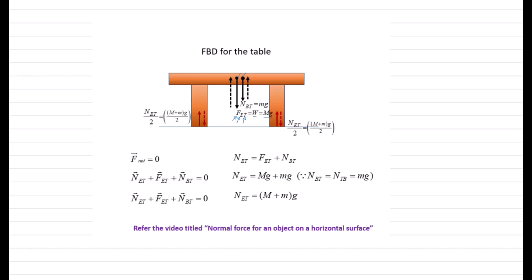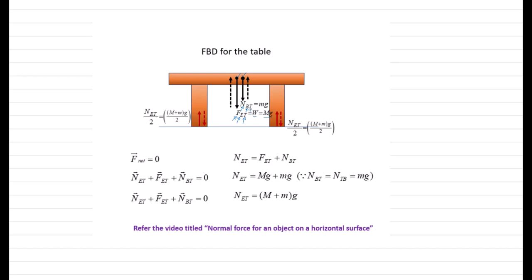Now, is there any other force acting in the downward direction? Yes, you can see one more, which is over here. That's the normal force, as I explained in the previous picture. Normal force by the book. I have not shown any book in this picture because it's a free body diagram for the table. So, normal force by the book on the table.